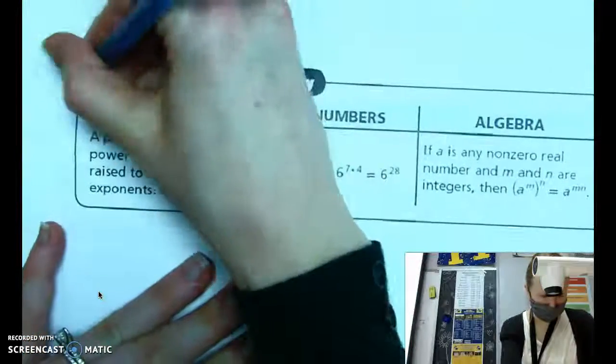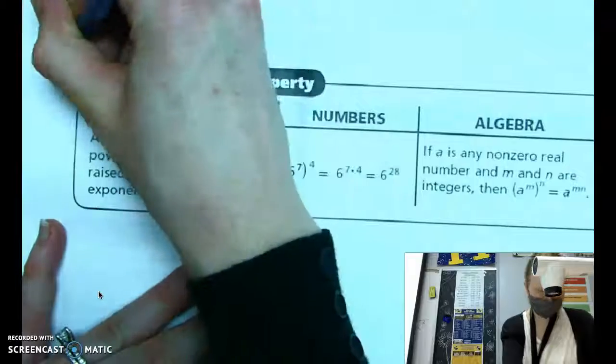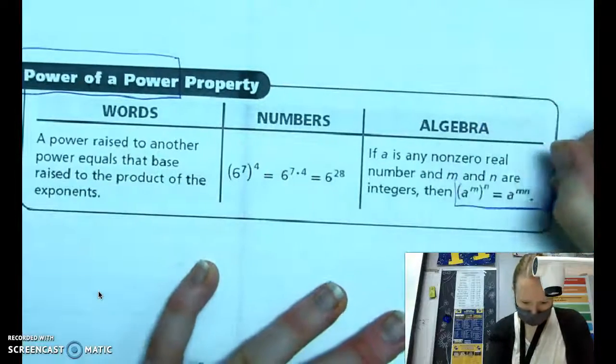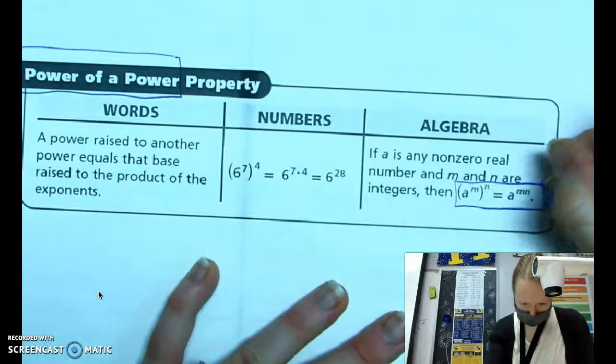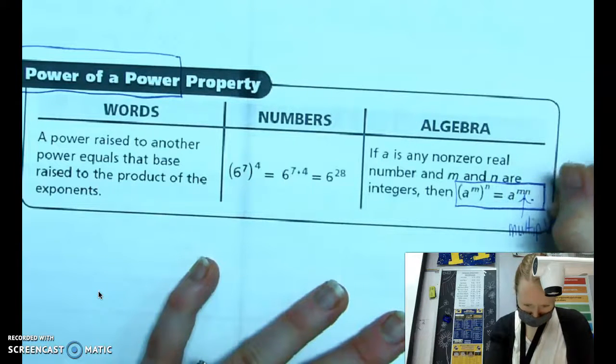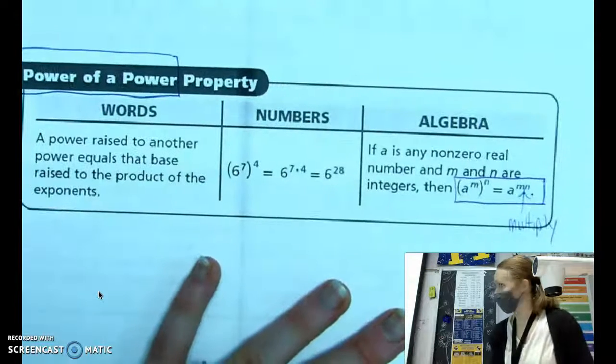This is called a power of a power. So that means like a double exponent. When you have a power raised to another power, you're going to multiply those exponents, right?